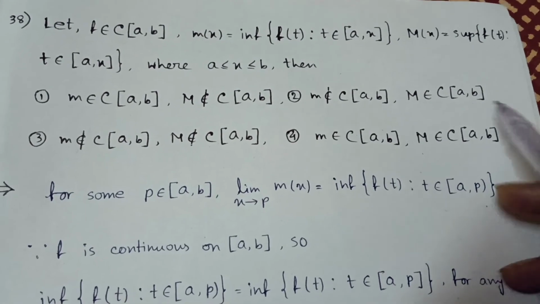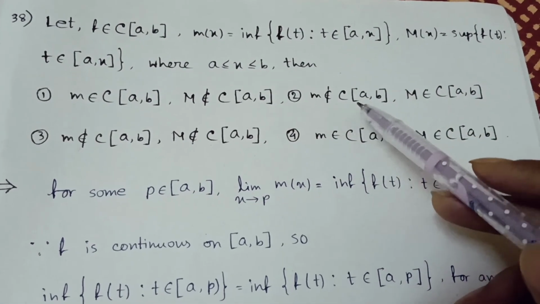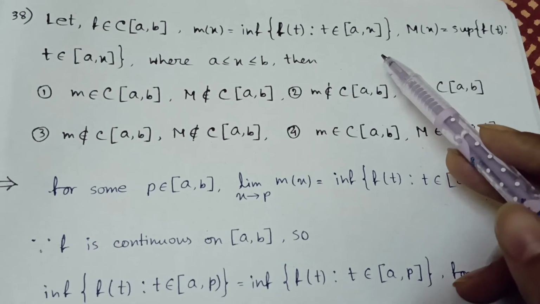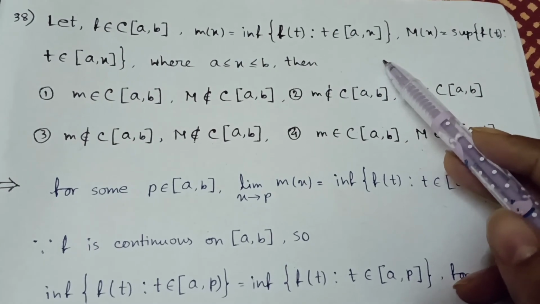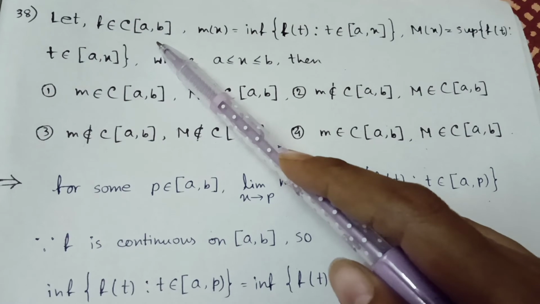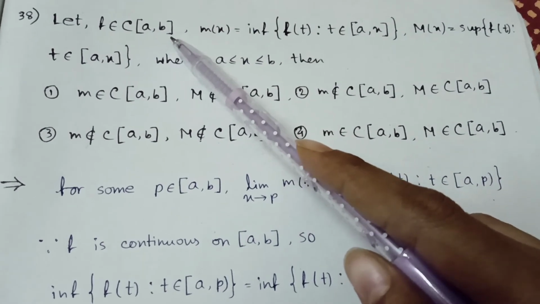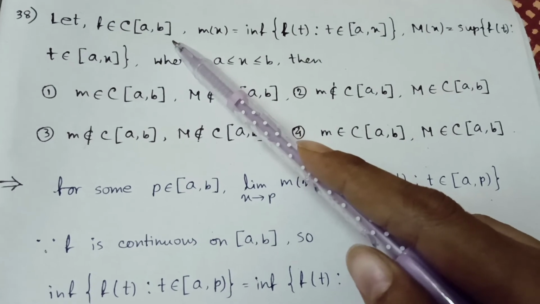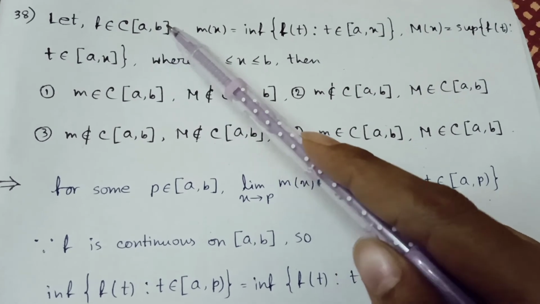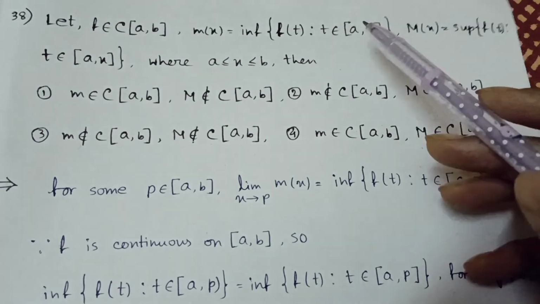Question number 38. Now this seems a big question, but this is not actually a hard question. It says f belongs to C[a,b]. C[a,b] means the set of all continuous functions defined on closed interval a to b.